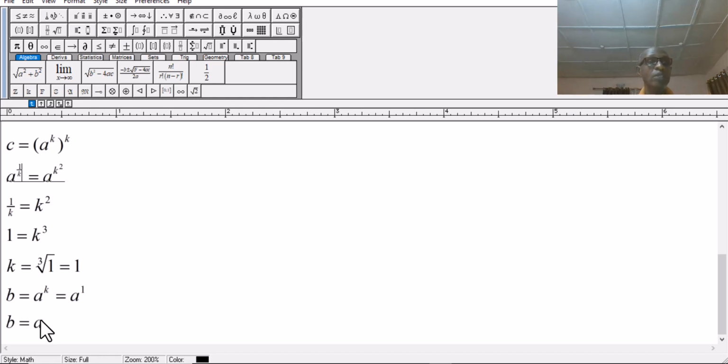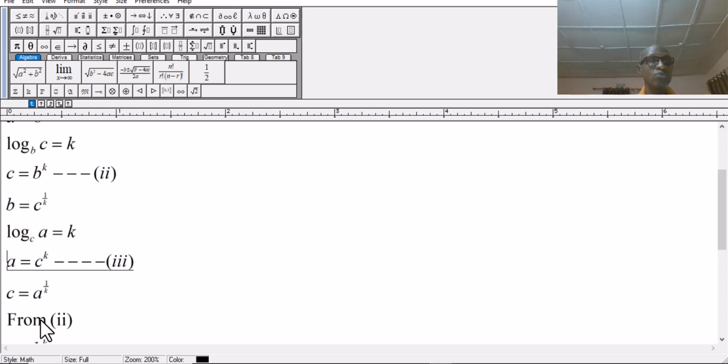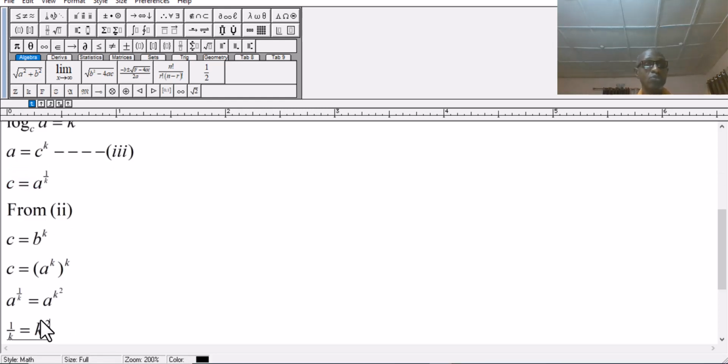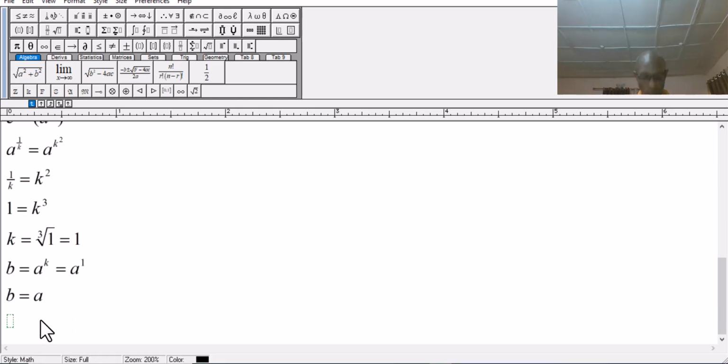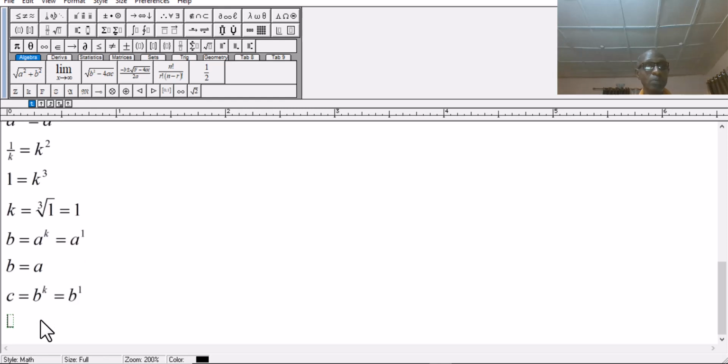We can also go to 2. Our 2 says c equals b raised to the power of 1. So that means c is equal to b.